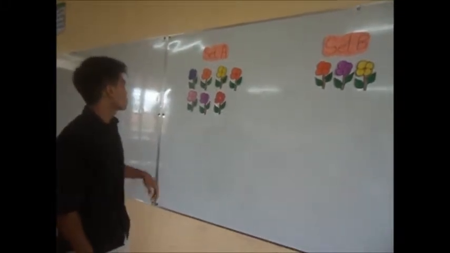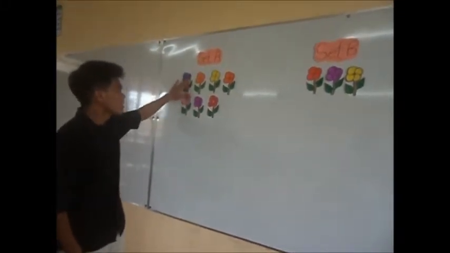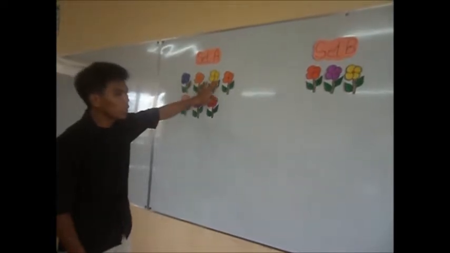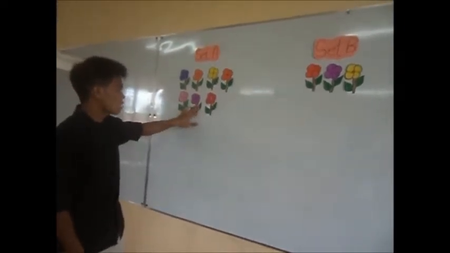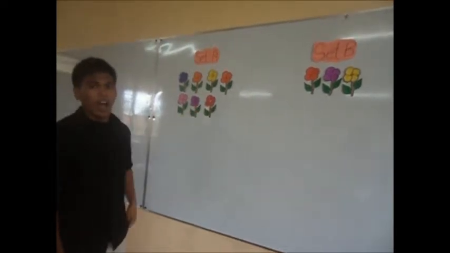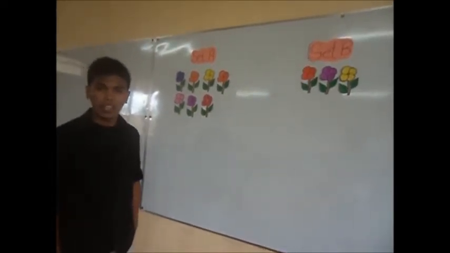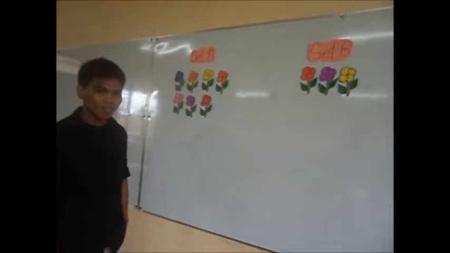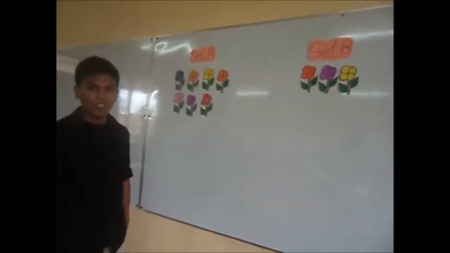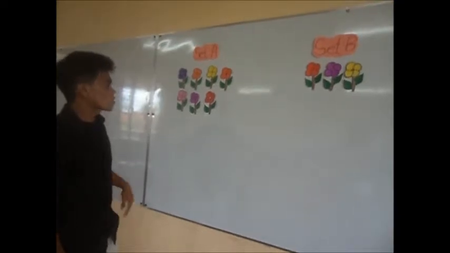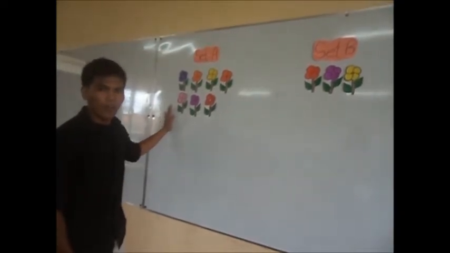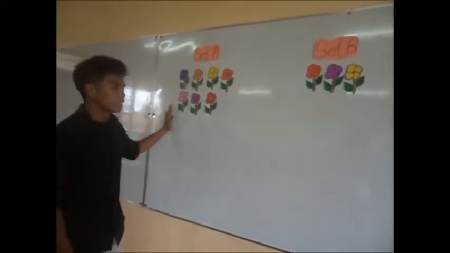Let us count. 1, 2, 3, 4, 5, 6, 7. How many flowers did we have in set A now, children? 7 flowers. That's correct. Very good, children. So, we have 7 flowers in set A now.